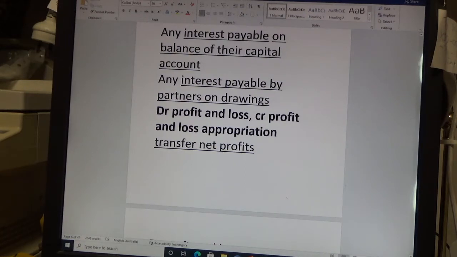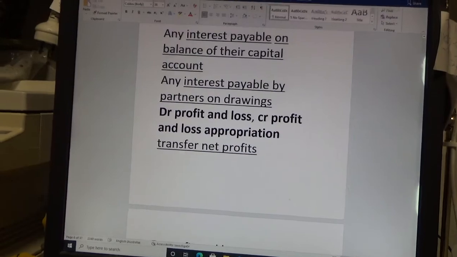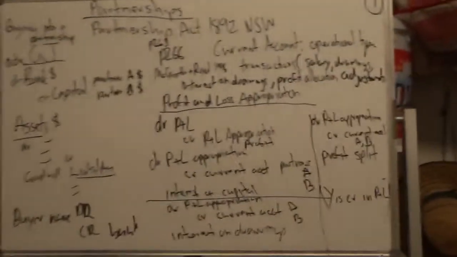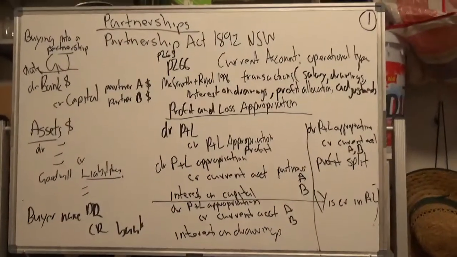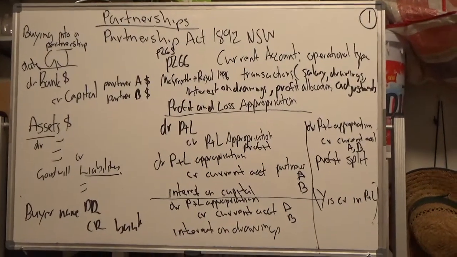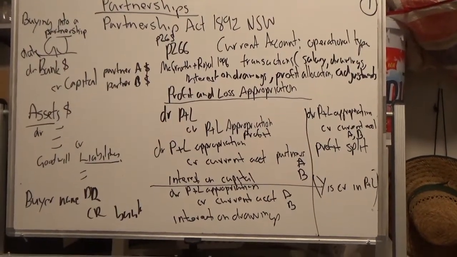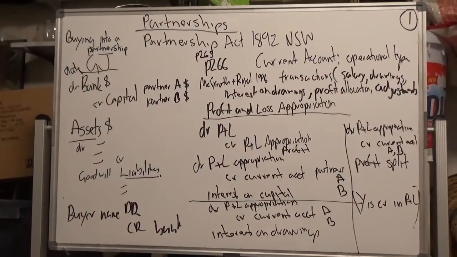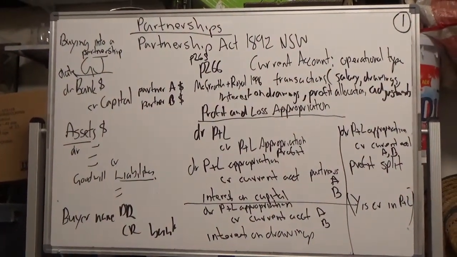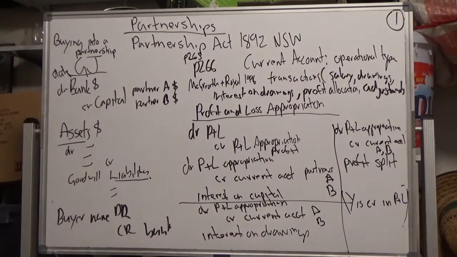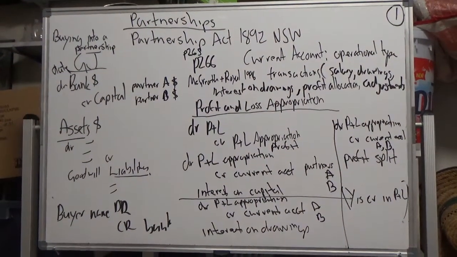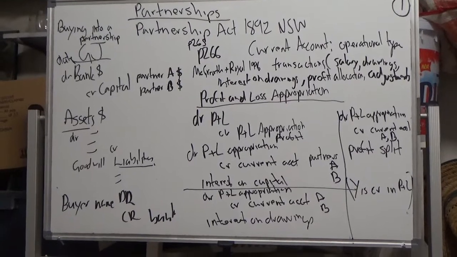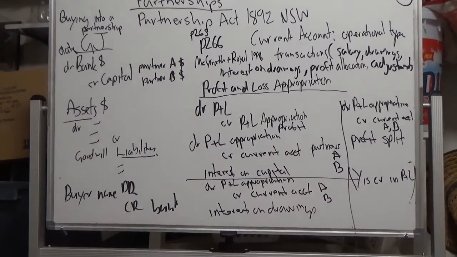I'll just put the camcorder on the whiteboard. So you've got the Partnership Act in New South Wales 1892. When a partner buys into a partnership, the general journal entry, you've got a date and description of all general journal entries, GJ.